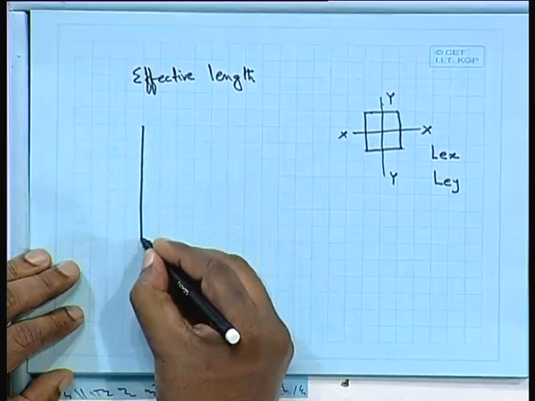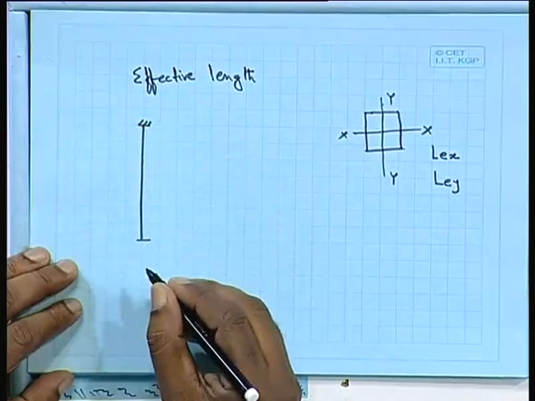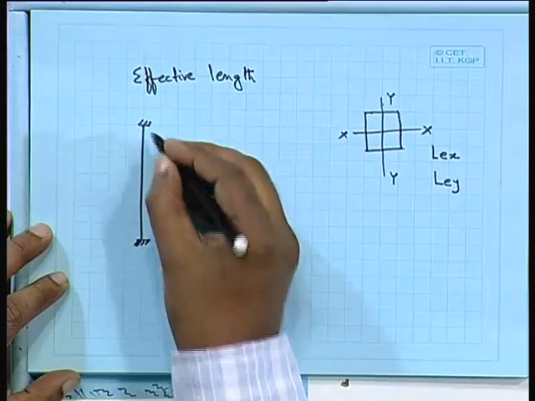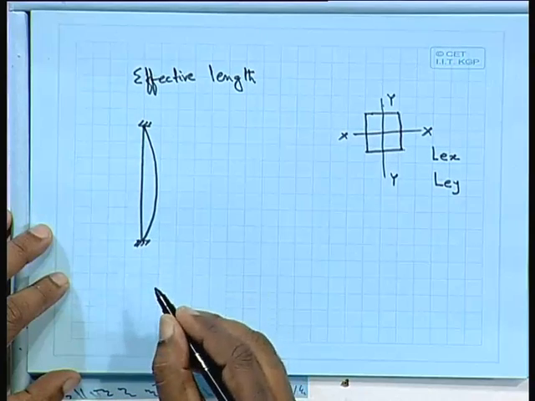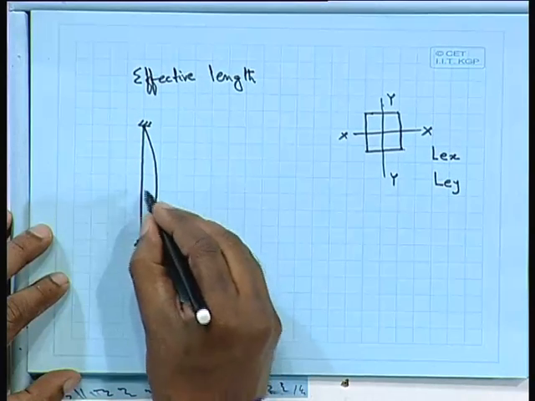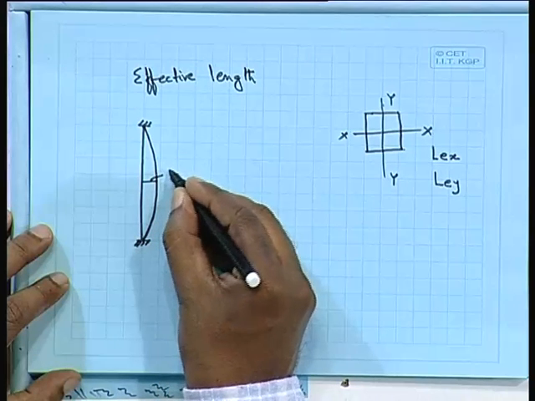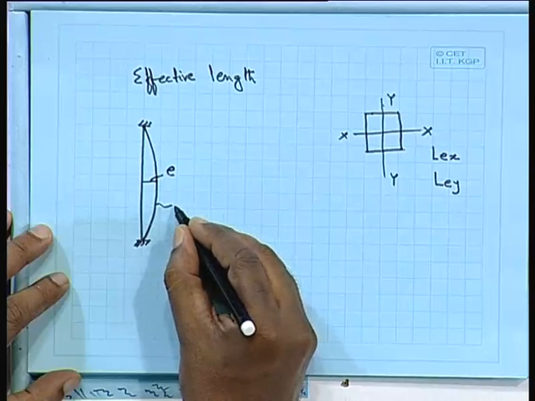What we have done so far is buckling of columns, the buckling or stability, and it is based on the same principle. Here, there is a certain deflection, let us say E, and this is your deflected shape.